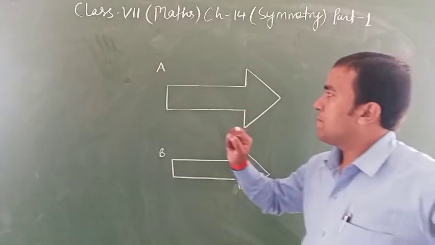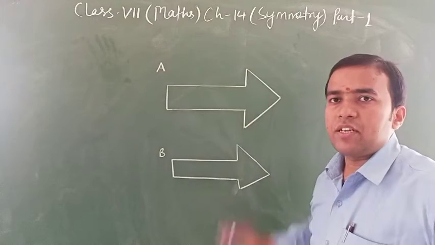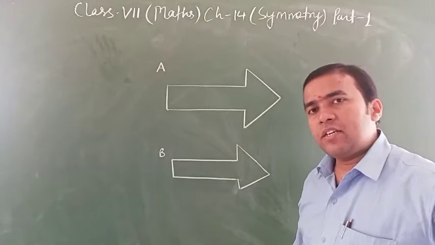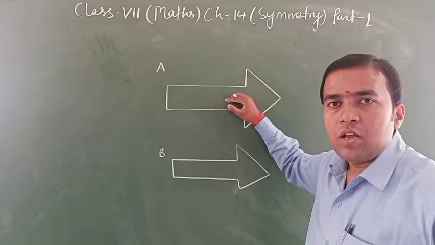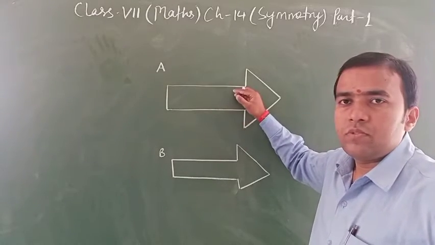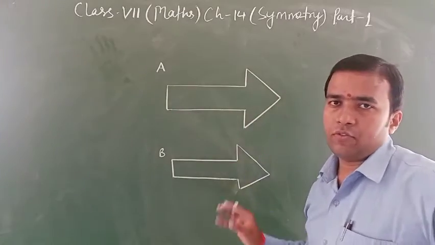So here suppose we are making a line of symmetry. Symmetry means if we fold this arrow top to down, or left to right, we can fold it.